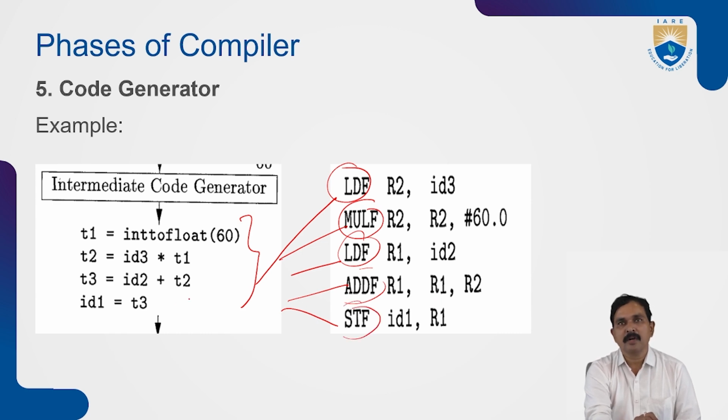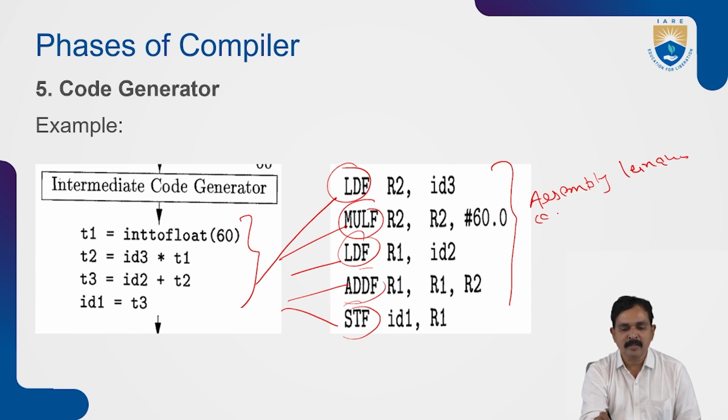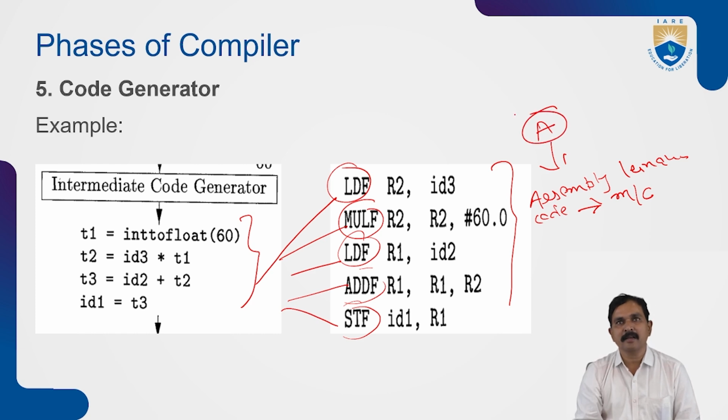You convert your intermediate code into assembly language code. Using the assembler, you convert this assembly language code into machine code. So which one is performing this? The translator is called the assembler.